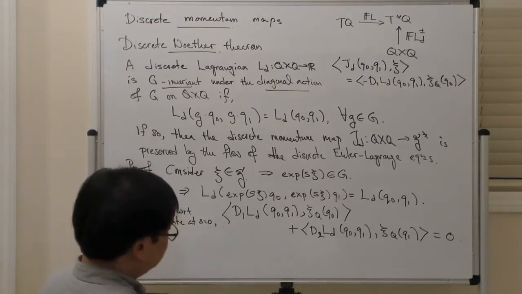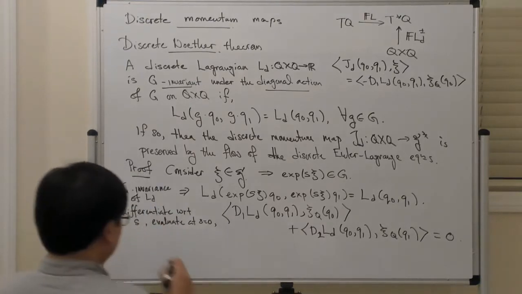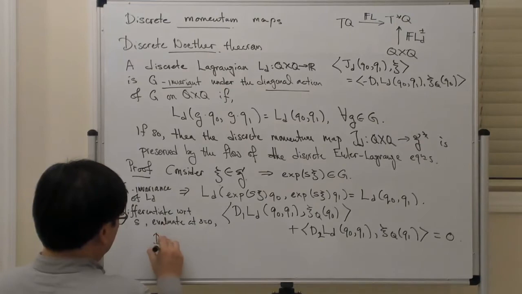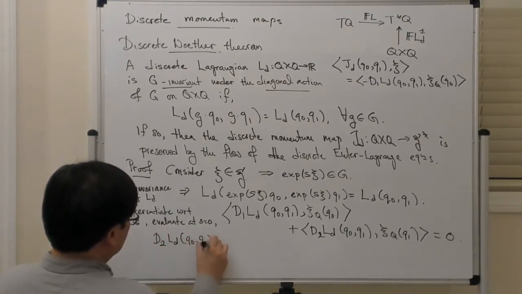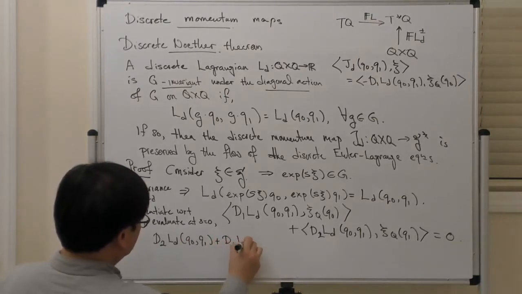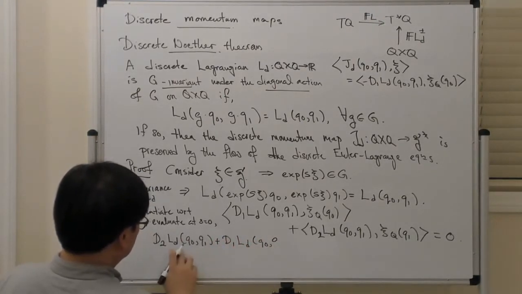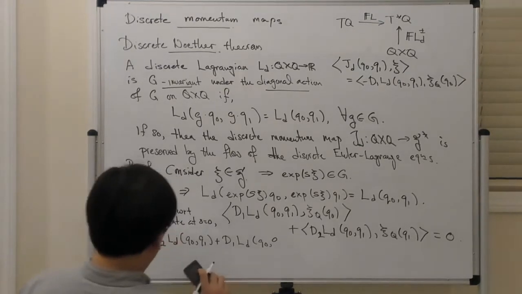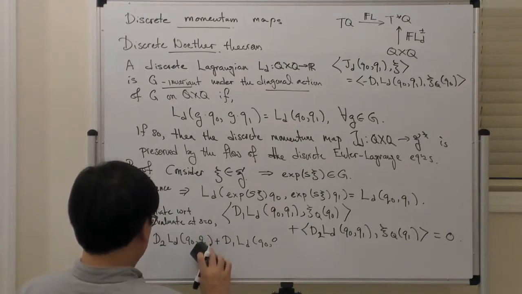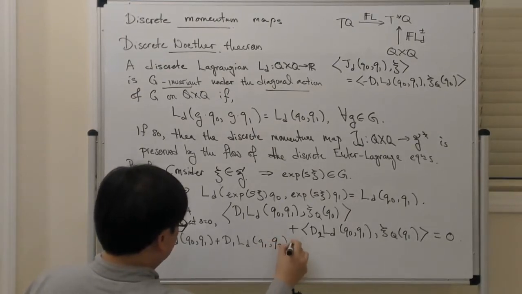So we restrict ourselves to a solution of the Euler-Lagrange equation, and on a solution we have the property that d2 LD(q0, q1) plus d1 LD(q1, q2), right, is equal to 0.